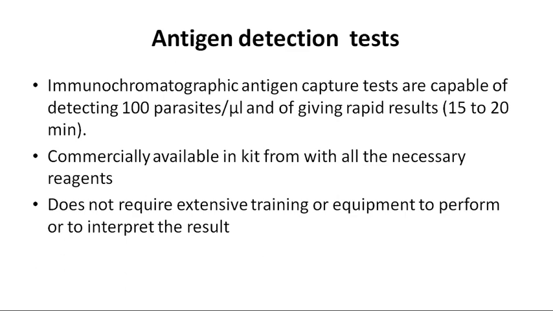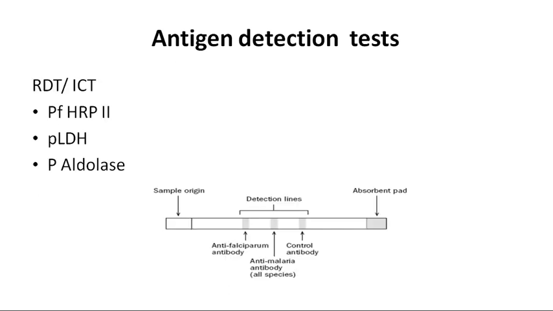Commercial antigen detection tests are available, and they have the advantage that they do not require any extensive training or equipment to perform or interpret the results. Examples of antigen detection tests include Plasmodium falciparum HRP2, pLDH and P. aldolase. All these antigen detection tests are available in ICT format commercially.